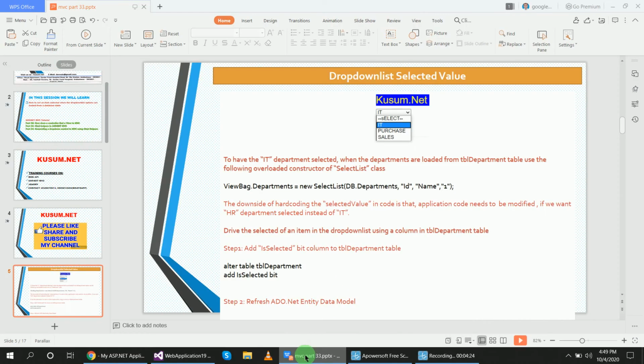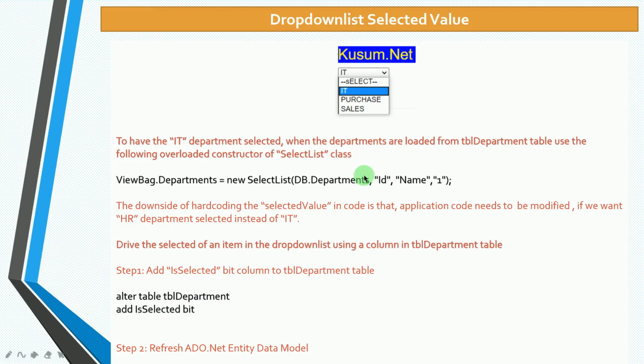The downside of hard-coding the selected value in code is that the application code needs to be modified. If we want the HR department selected instead of IT, we should drive the selected item of the drop-down list using a column in the tblDepartment table.